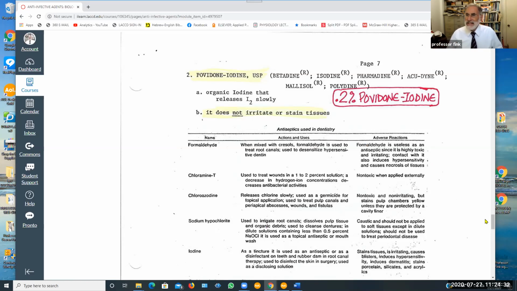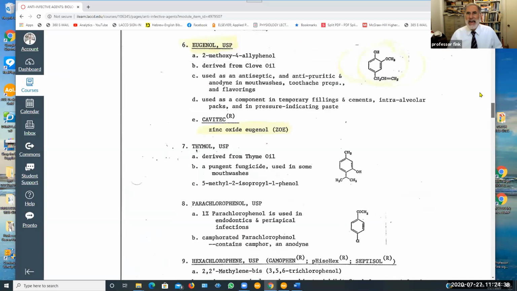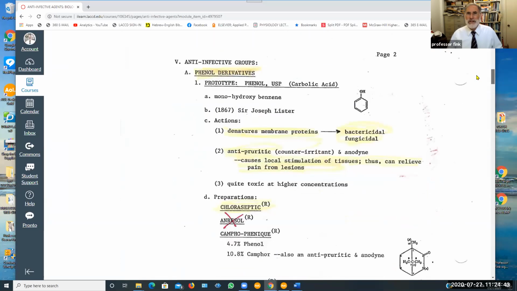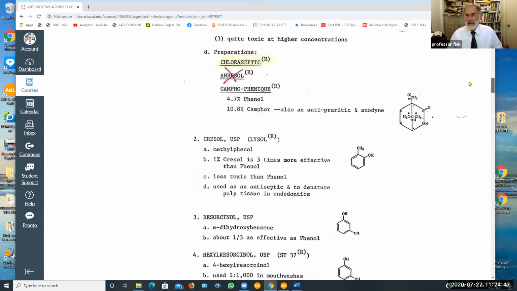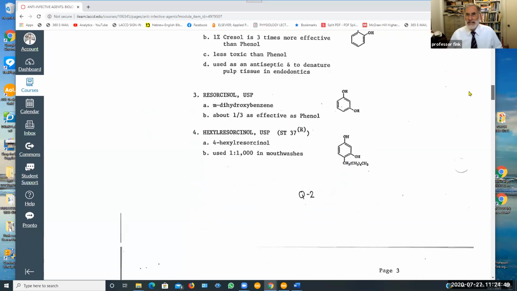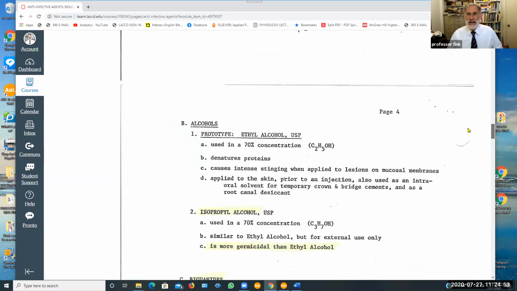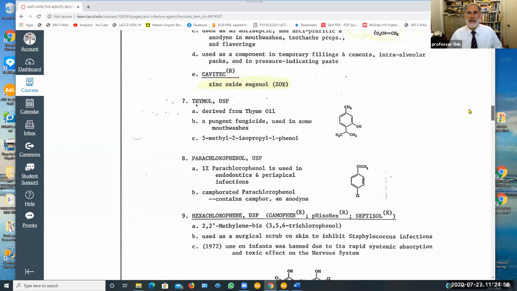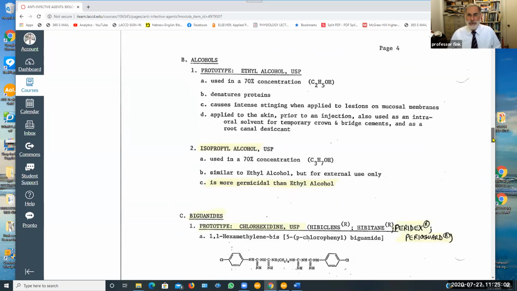So that's iodine. In summarizing the various classes of antiseptics, we mentioned the phenol derivatives, like phenol, which include eugenol, which is clove oil, and thymol, and others. A second class are the alcohols, including rubbing alcohol, isopropyl alcohol.